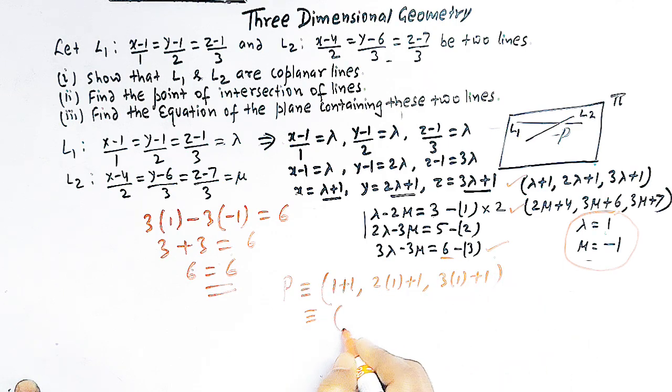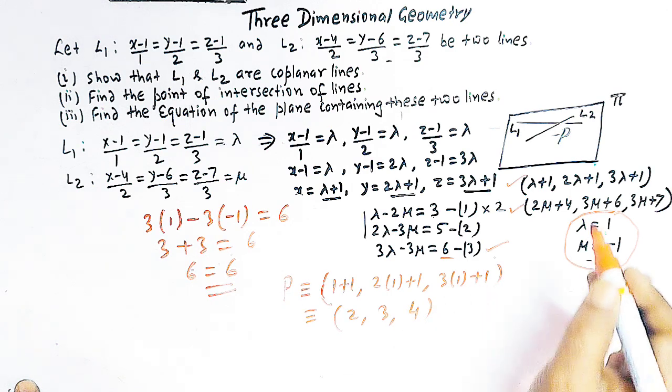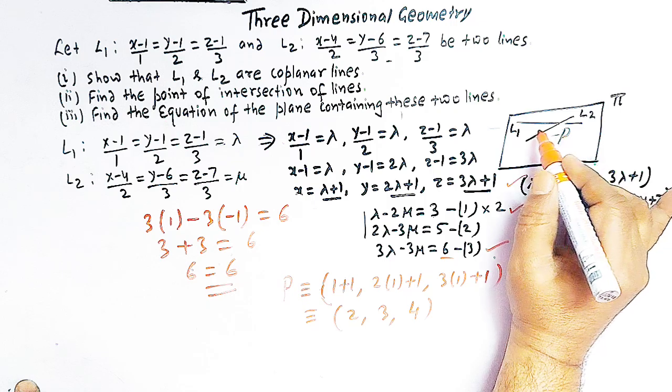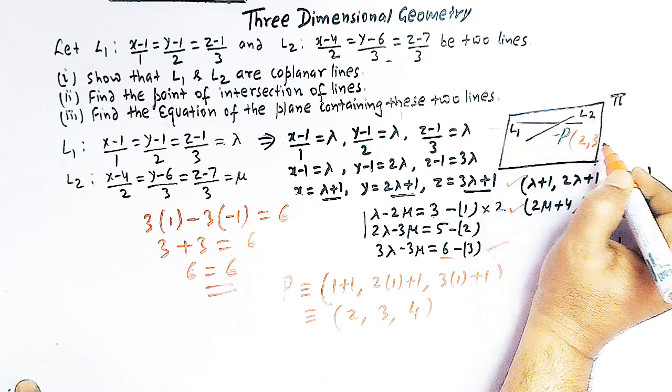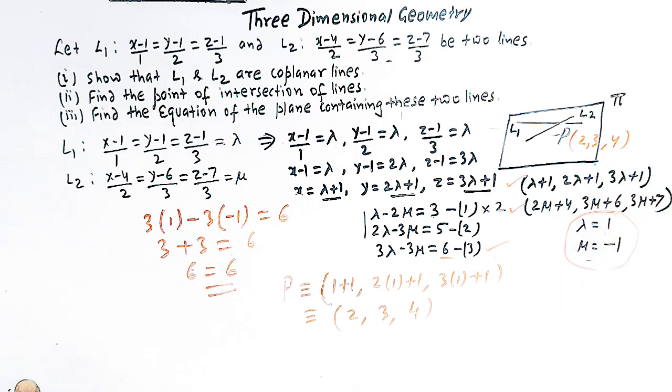So we have now 1 plus 1 is 2, 2 plus 1 is 3, and 3 plus 1 is 4, right? So the coordinates of the point of intersection of L1 and L2 are given by 2, 3 and 4.